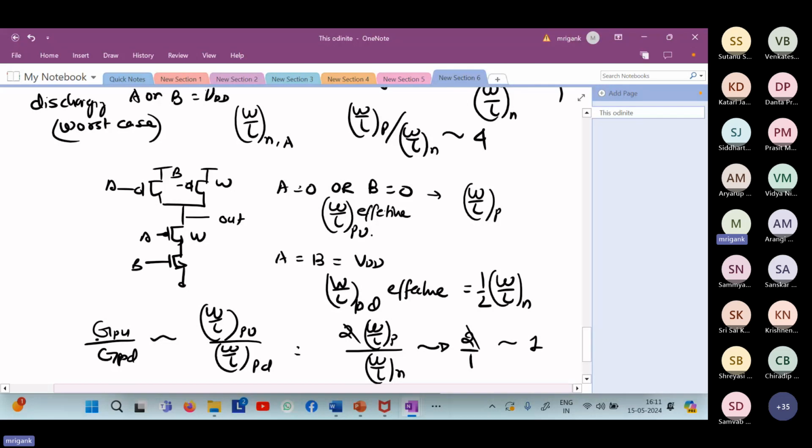And therefore, now the setting is that we need the pull up and pull down conductances to be equal, and that needs the effective W by L ratio to be equal to mu n by mu p. So this resizing concept you should remember: what is happening for an inverter, what is happening for a NAND gate, what is happening for a NOR gate.